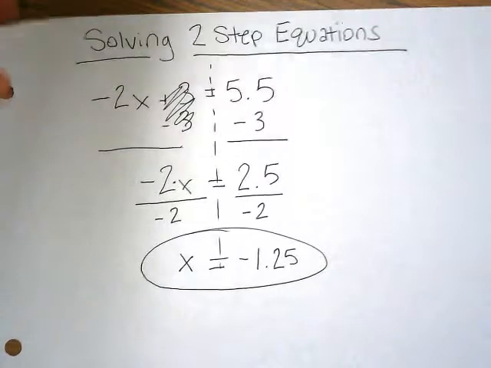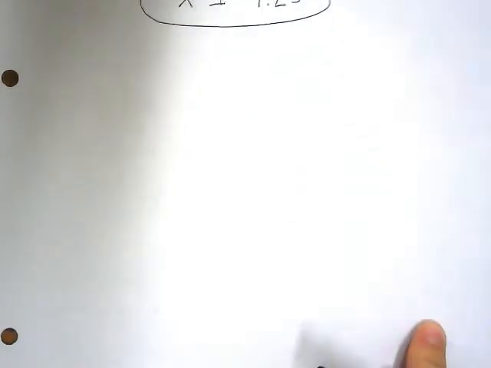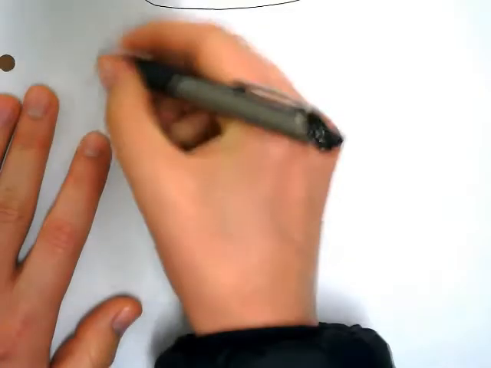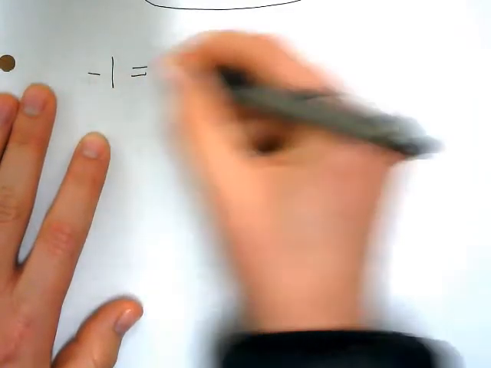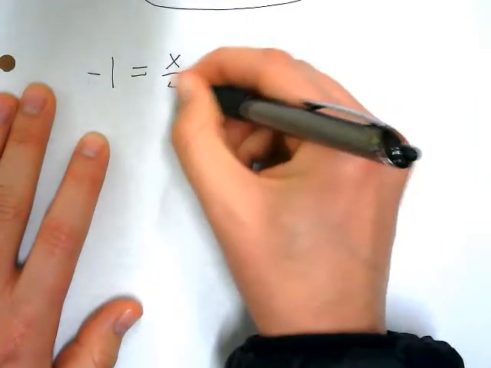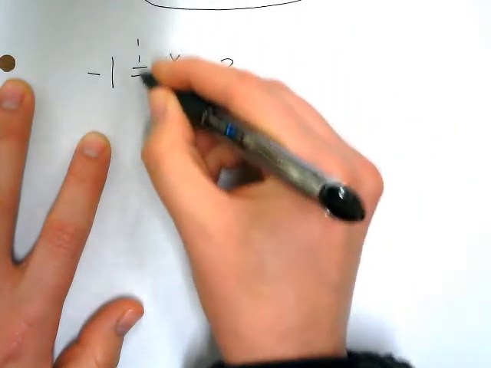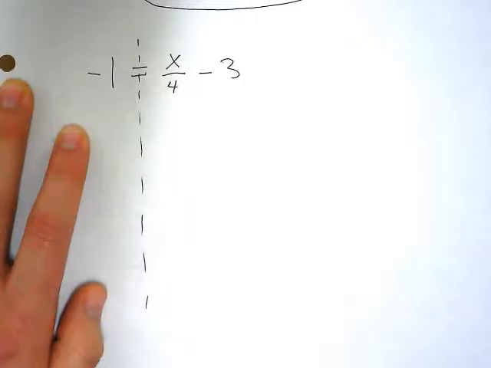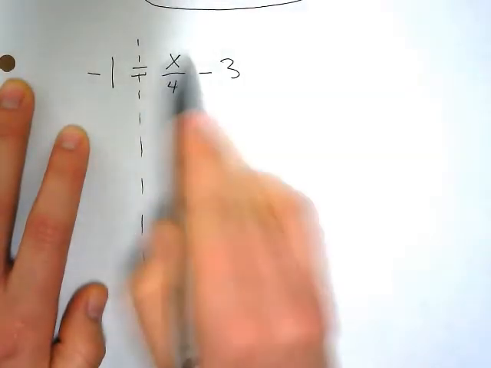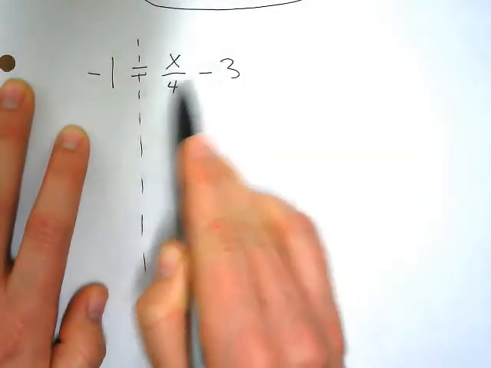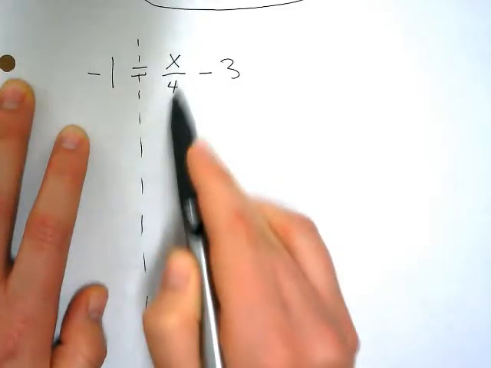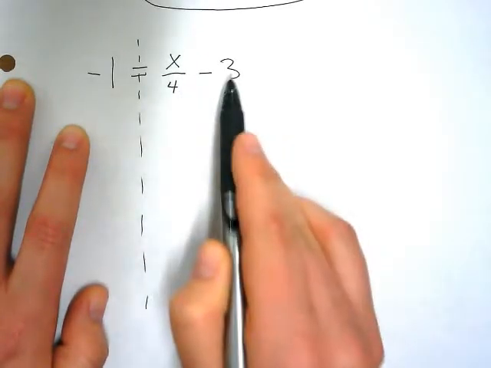Alright, here's one last equation for practice. Negative 1 equals x over 4 minus 3. Okay, here's the x over 4. I want to get this x over 4 by itself. So this minus 3 is in the way.